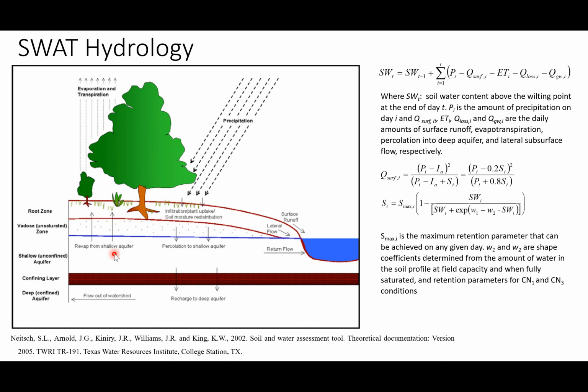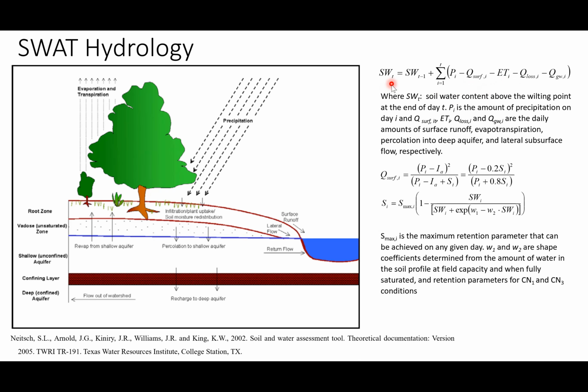For hydrology, SWAT can do surface water, it can do subsurface, it can do lateral subsurface flow, redistribution, percolation, surface runoff, pond and channel processes, and also evapotranspiration. This is the main water balance equation in SWAT.